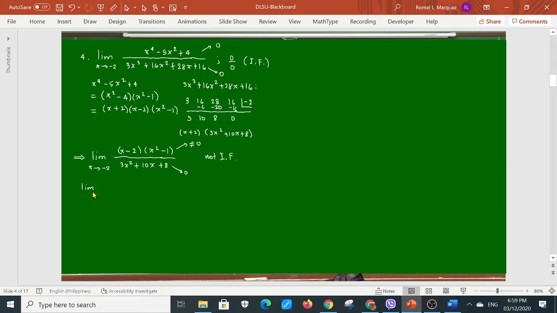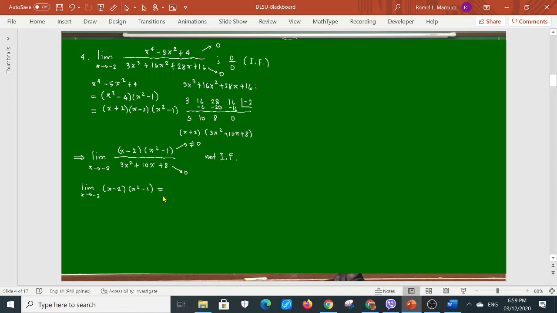So, let's have the numerator. What's the limit of the numerator, guys? What's the limit of x minus 2 times x squared minus 1? The limit is negative 4. This is negative for the first factor. And then times 3.